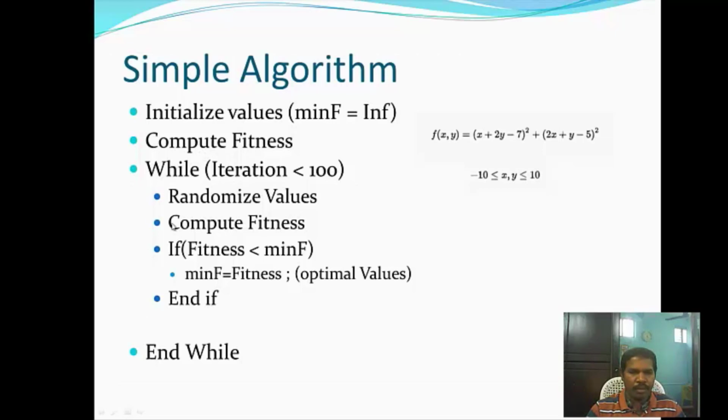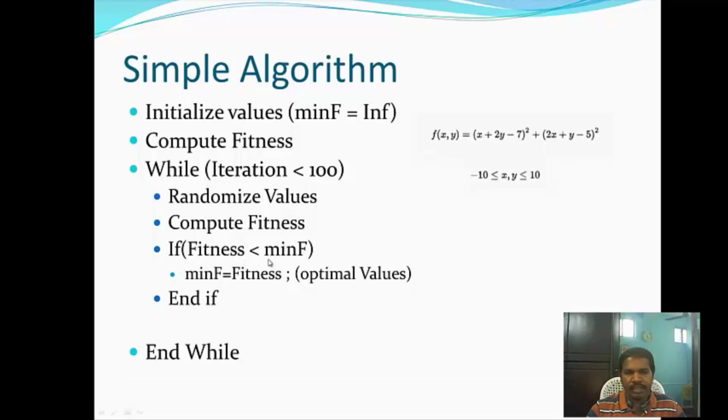Then we develop an iterative process, a while loop of iterations. Here I have put 100 iterations. In each iteration it produces randomized values of x comma y, then computes the value of f. This is called computing fitness f.